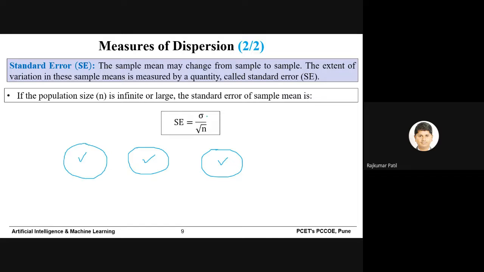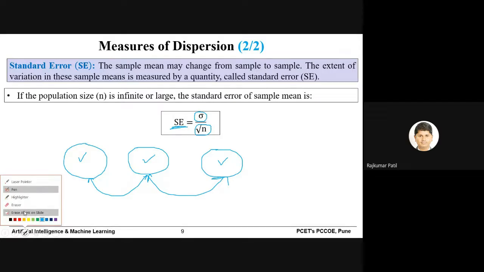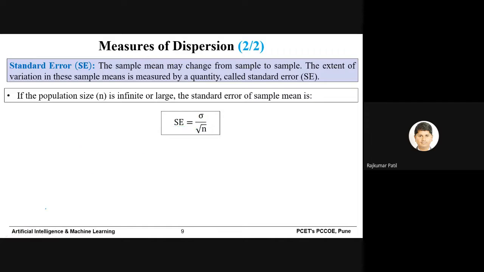So based on the standard deviation, mean and number of students in the class, we can calculate standard error. And based on that value of standard error, we can compare the performance of the students from each division. So that can be another example where we use standard error to compare the performance of the students.